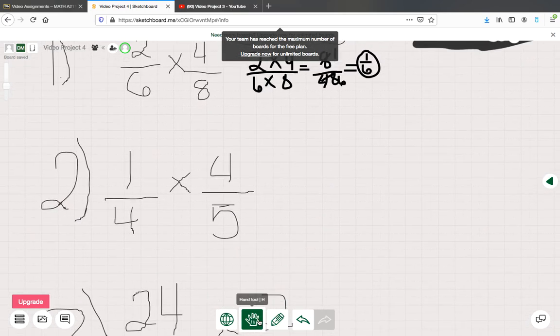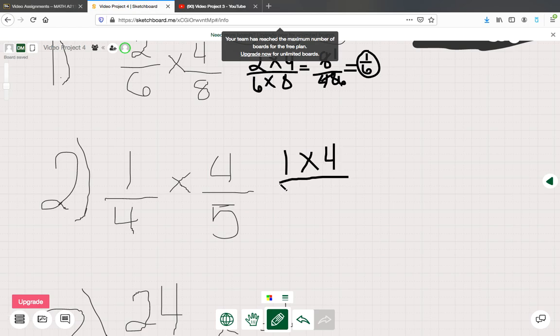Moving down to the second question, we're going to set up our problem. 1 times 4 over 4 times 5, which equals 4 over 20.